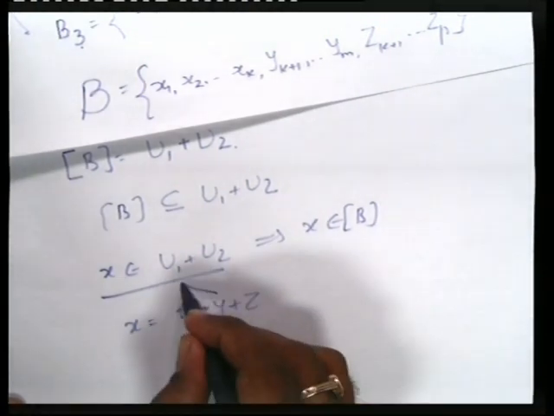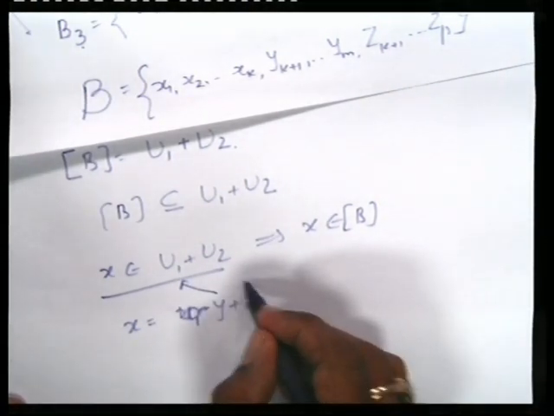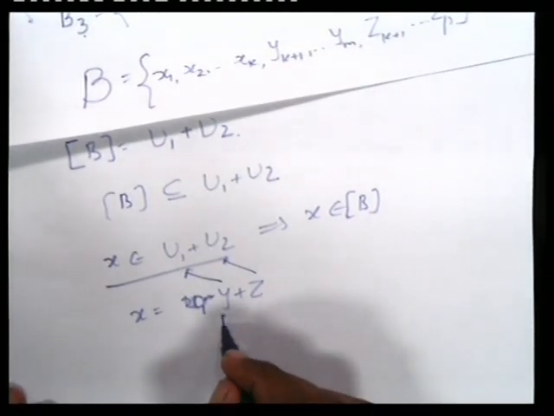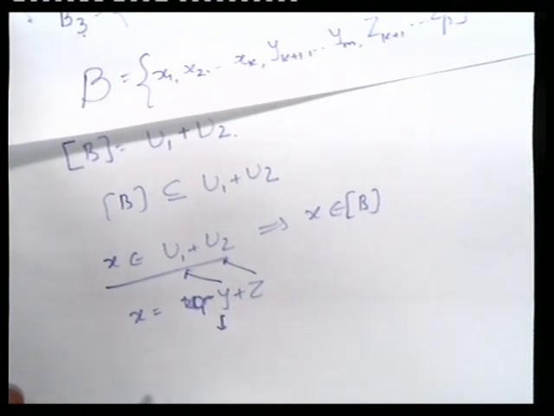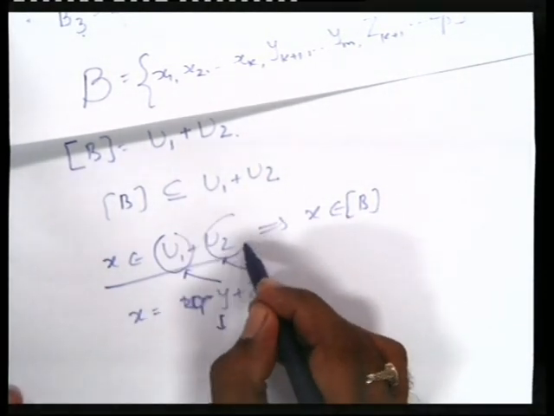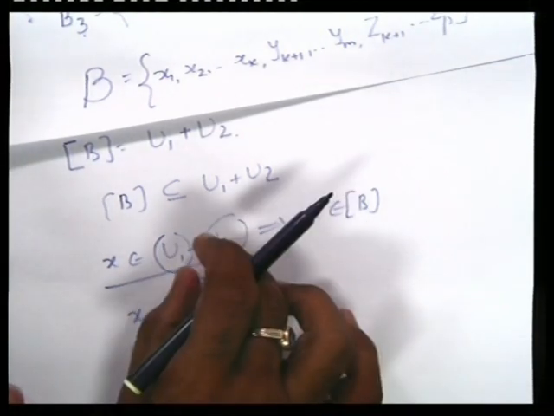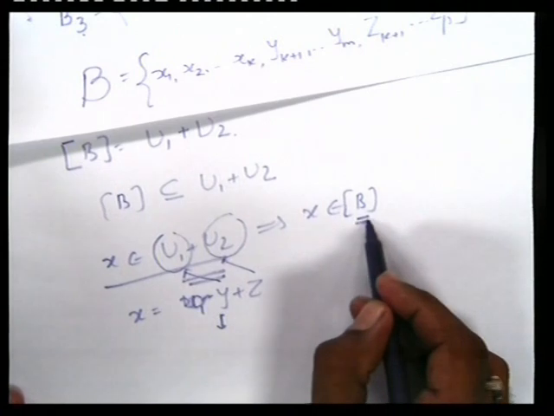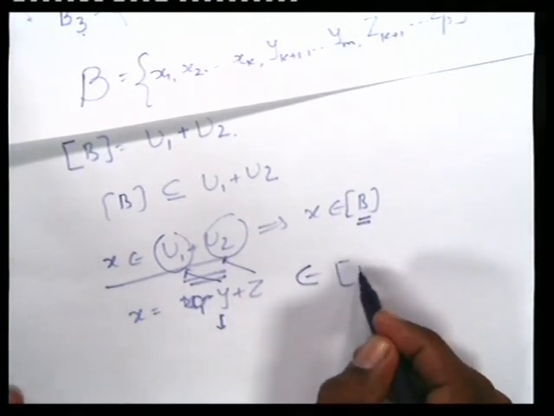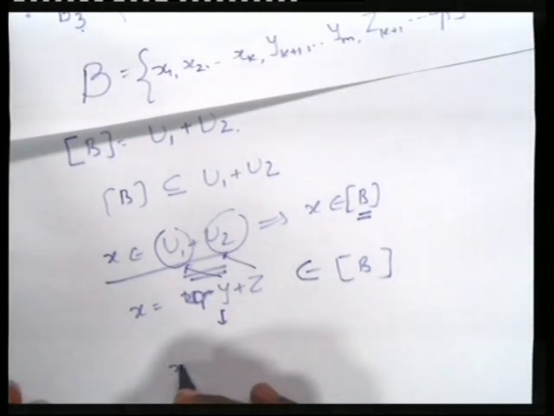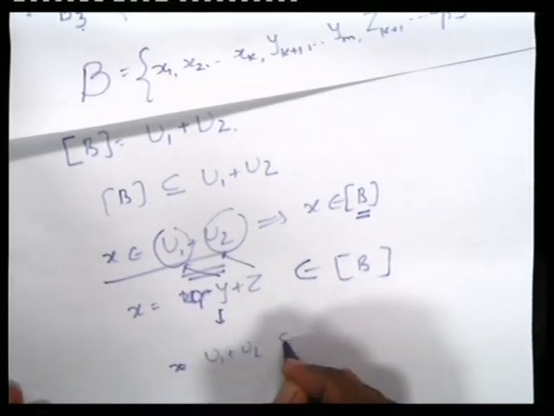In that case, y belongs to U1 and z belongs to U2. So this vector y can be expressed as a linear combination of the basis of U1, and z as a linear combination of the basis of U2. Combining these two, we find a linear combination of all the vectors of B, so this will be in the span of B. So U1 plus U2 is also a subset of the span of B.